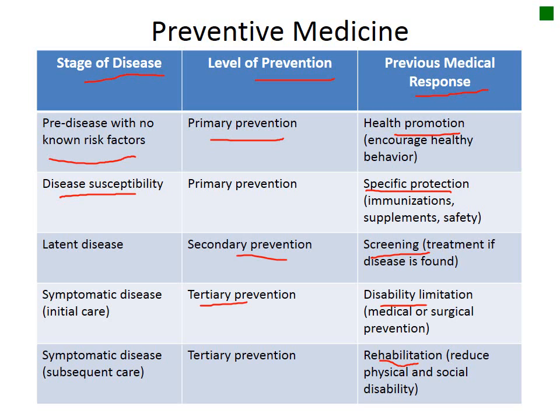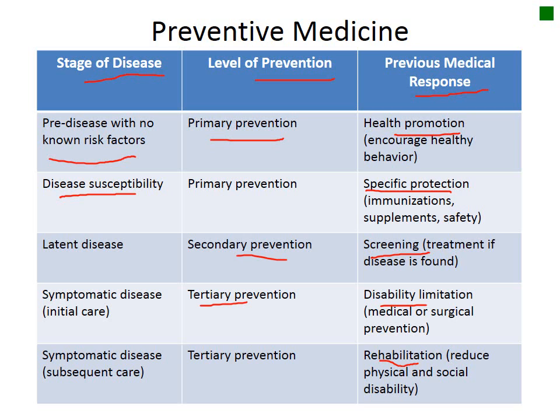So, for example, when we know that it's in the pre-disease state and there are no risk factors, you're conducting primary prevention and you're promoting health promotion and encouraging healthy behaviors.